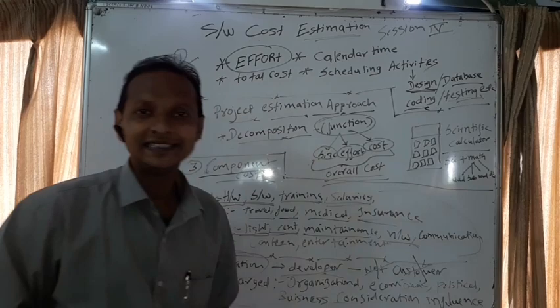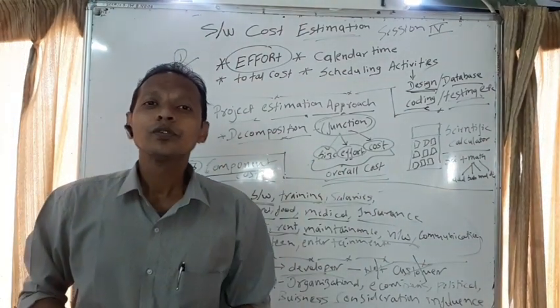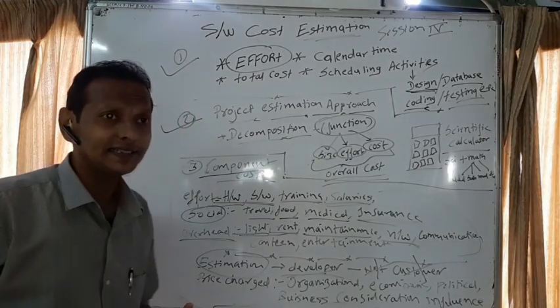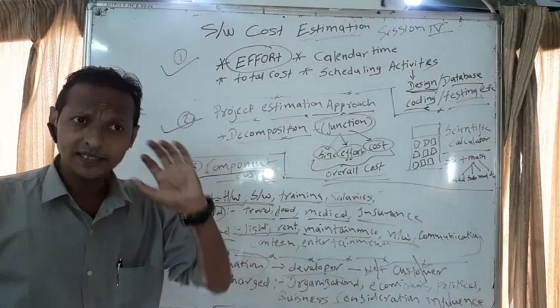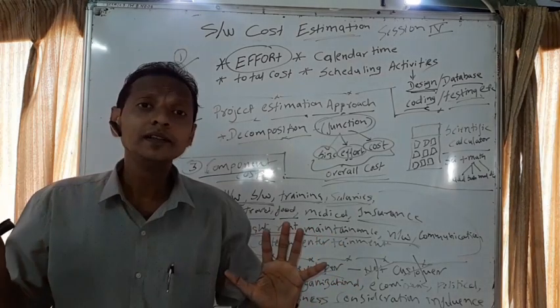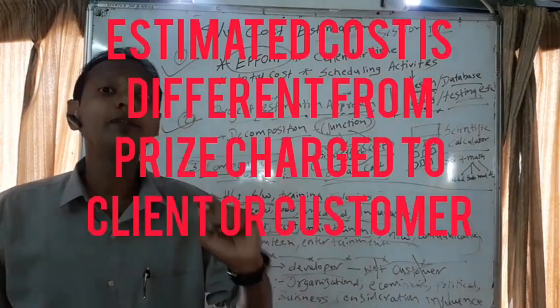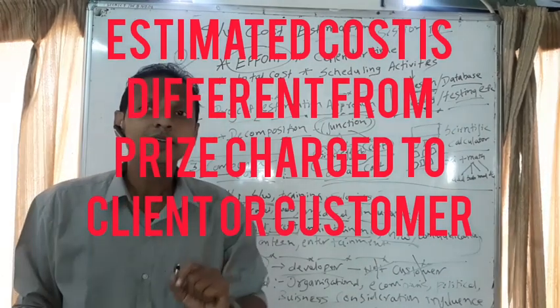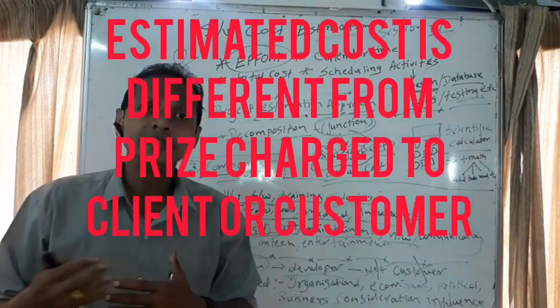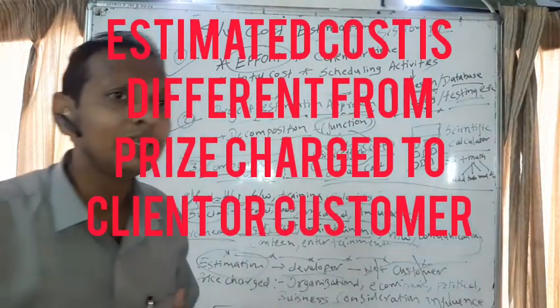Client here is not considered while we are creating the estimate, because the estimated cost is somewhat different than the price given to the customer. Okay, the price given to the customer is quite heavy or quite more than the estimated cost.